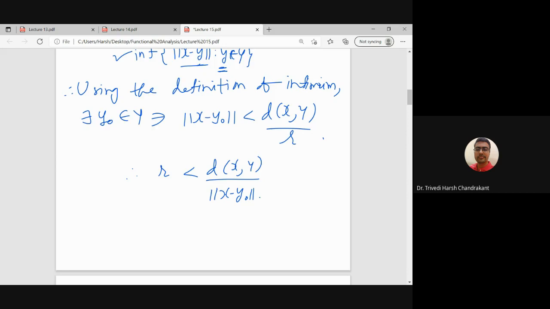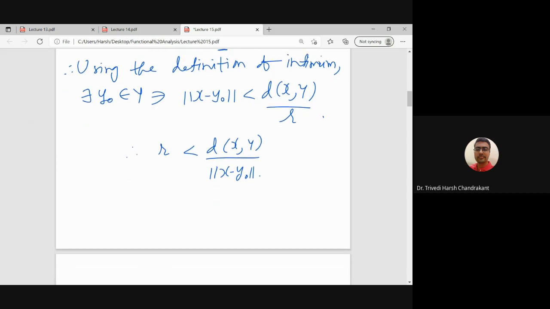So here we are dividing by the norm of x minus y naught. Why? Because x is not an element of Y, right? X is in the Y complement.